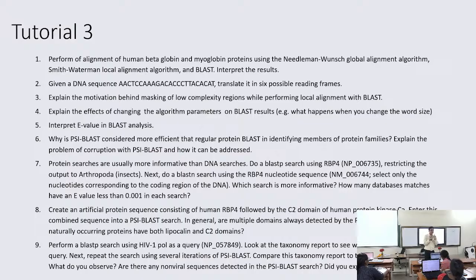So when I say e-value 10, put 10 in place of e-value.